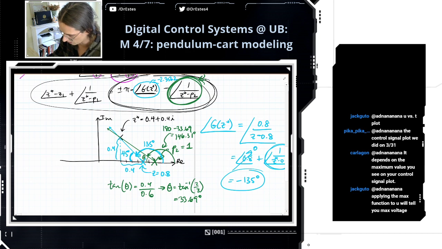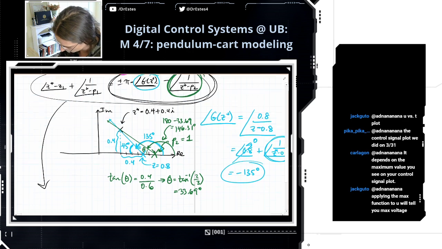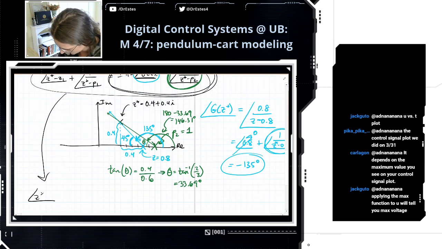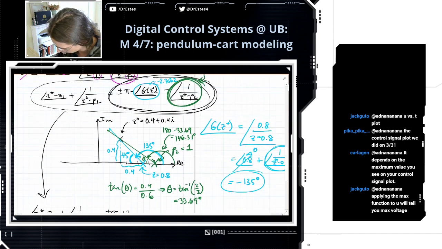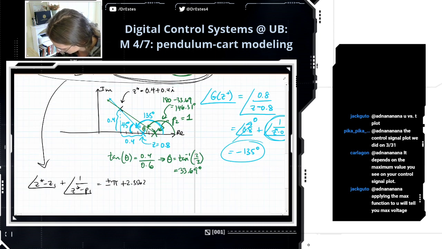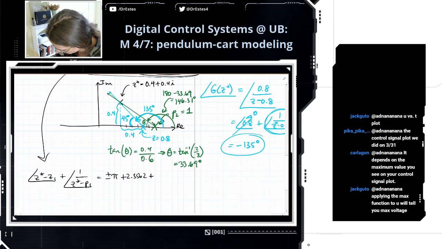All right, so now I'm going to rewrite this equation. The angle of z star minus z1 plus the angle from that pole is going to be plus or minus pi plus 2.3562 plus 2.5536.